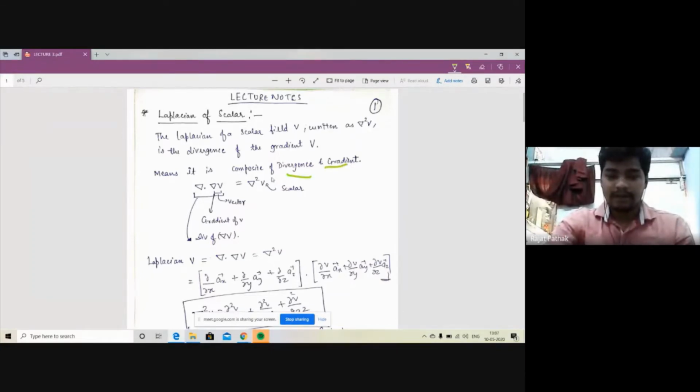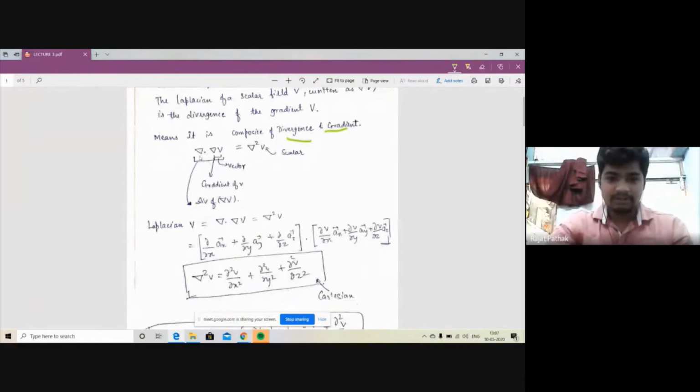So how can we get to know about this? This is the gradient of a scalar V. If V is a scalar, then the gradient of V is a vector quantity. So we can do a dot product with the del operator.